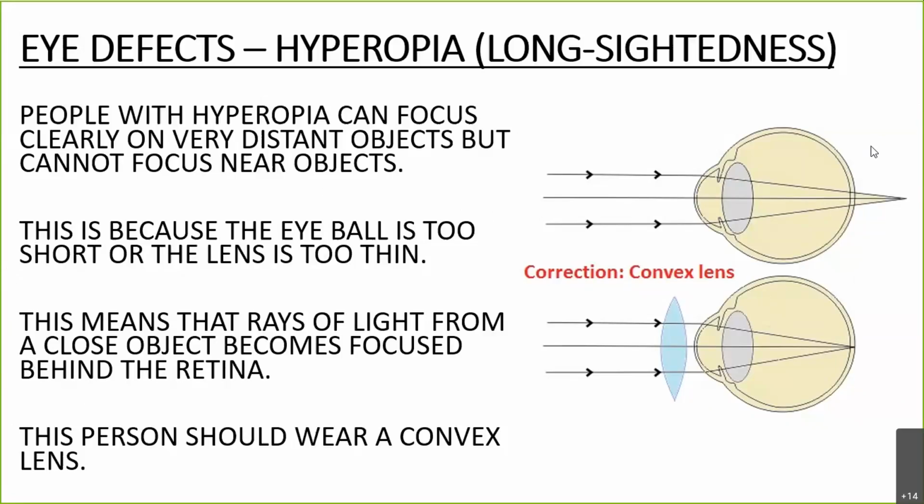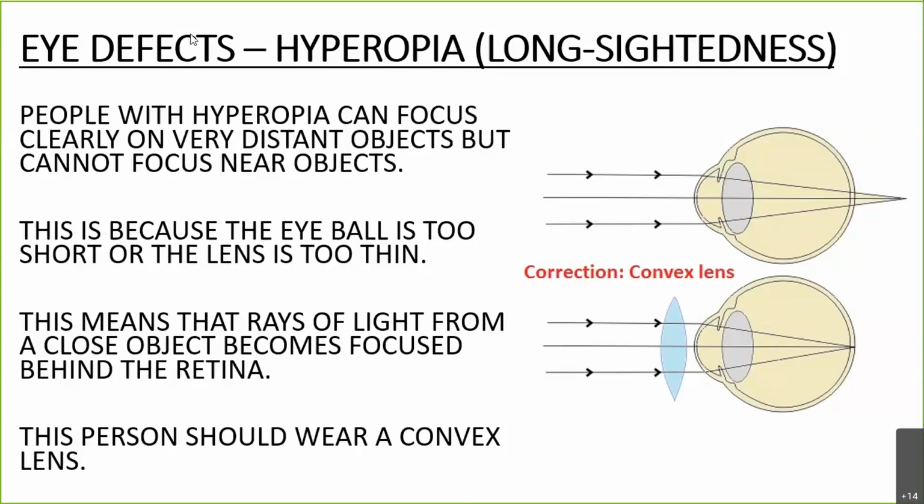So when this person gets their glasses, even though you see lots of people walking around with glasses and they all look the same to us, glasses is glasses. They're not actually. Depending on which eye defect you have, you need a different type of lens. That's why you can't borrow people's glasses, because if they're not made for you, it's not going to correct the vision.